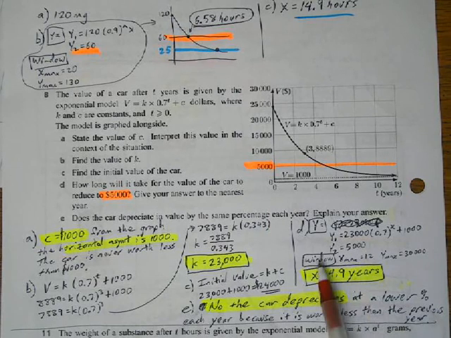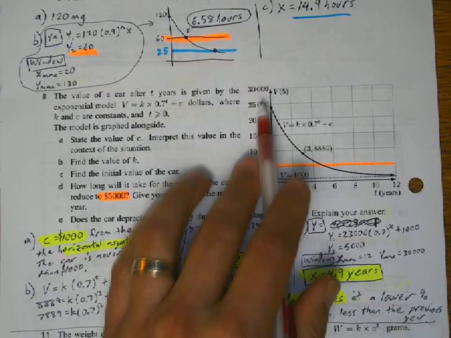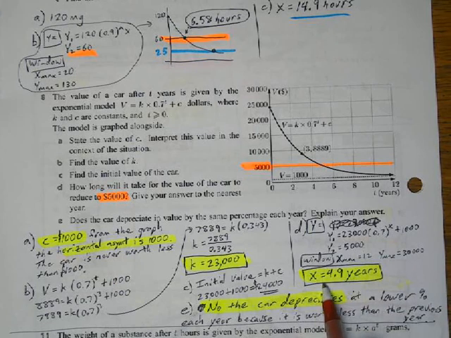I need to change the window. The x max, I made it up to 12, and the y max, I made it up to 30,000 because that's what the graph had. And then just like before, I do second trace and 5 for intersect, and we get this value here.